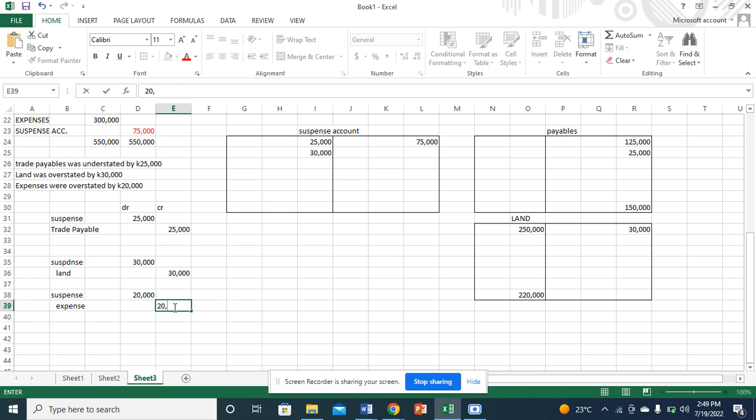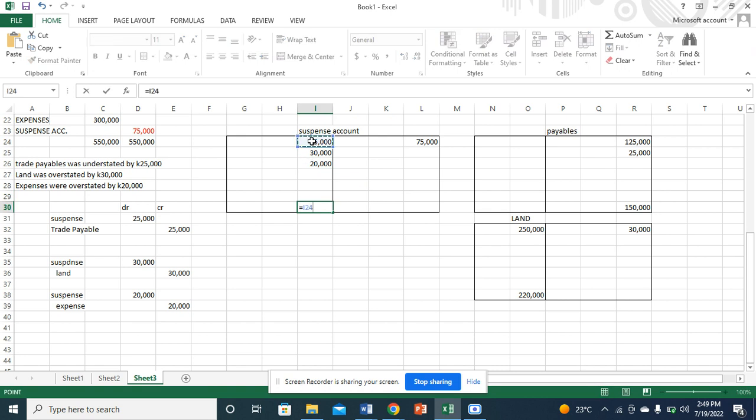You reduce it by 20,000. Once you put that 20,000, as you can see, the suspense account must close.